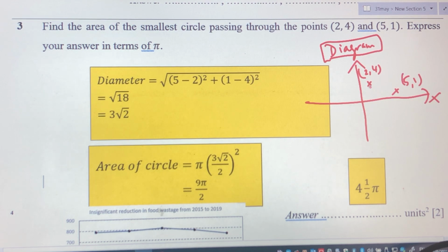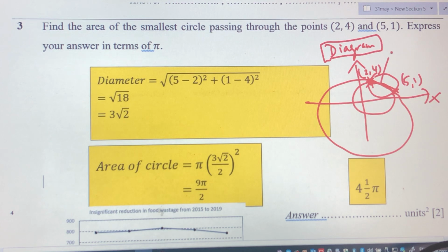Now, if I were to draw a circle, I draw any circle like that, passing through these 2 points, right? Or I draw a bigger circle passing through these 2 points. Okay, that will be a gentler one here. These are all very big circles. So the smallest one is the one with this line joining these 2 points as the diameter.